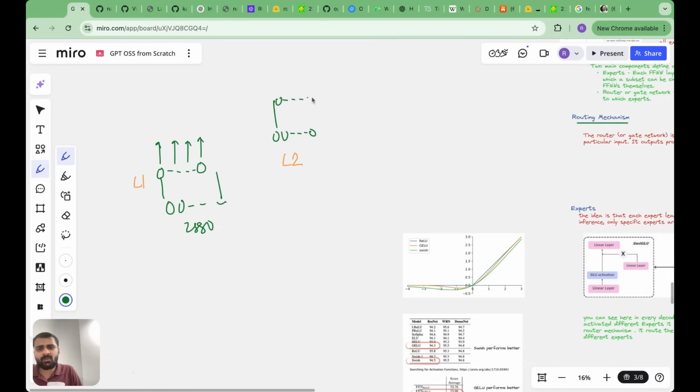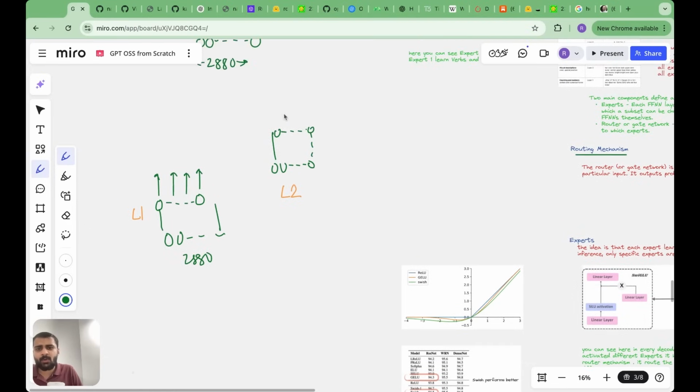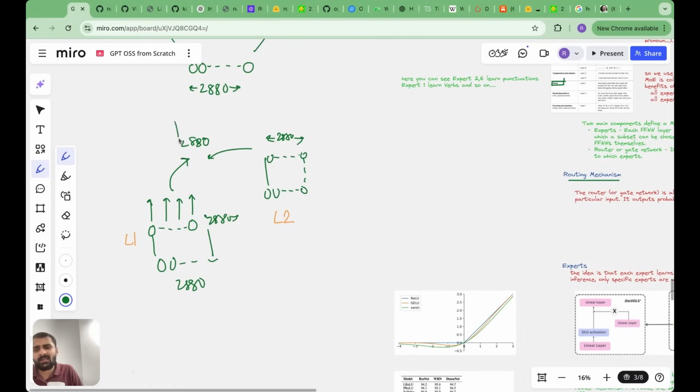It again goes into a 2880 dimension hidden layer, and the output is 2880 dimensions here, and even here it's 2880, but you have an activation function here. Then you multiply these two outputs element wise, which gives a 2880 dimensional vector, and that is then passed through another linear layer with 2880 dimensions, and then you get the output.